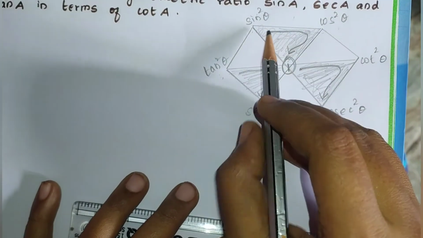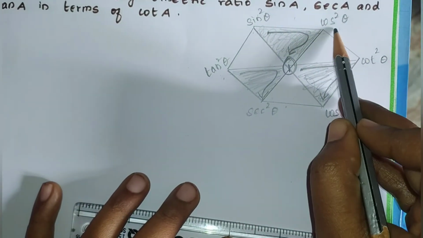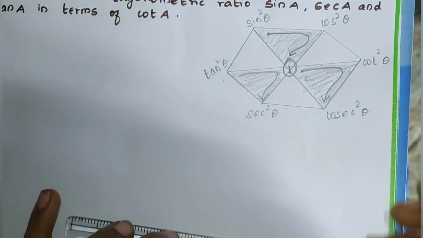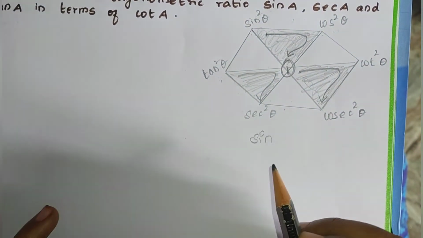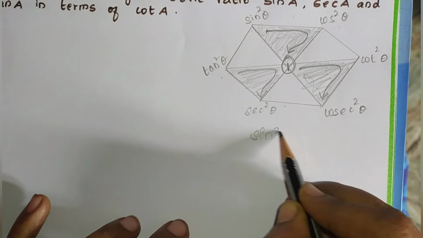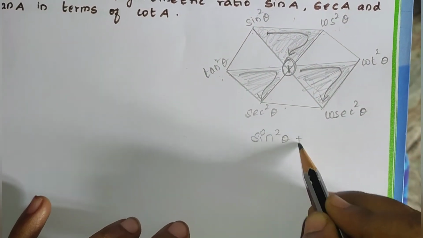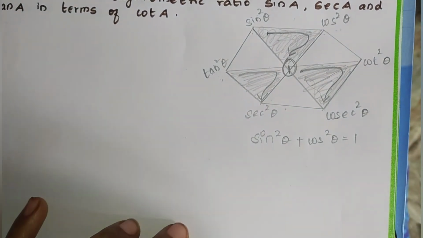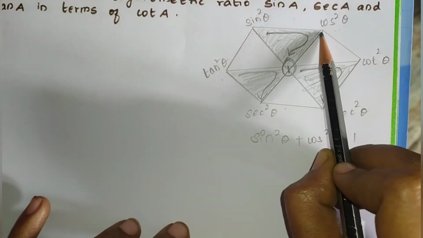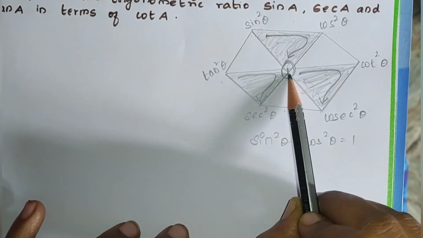So the formula is sin square theta plus cos square theta is equal to 1. Clear? This is a trick to remember trigonometric identities. Sin square theta plus cos square theta is equal to 1.